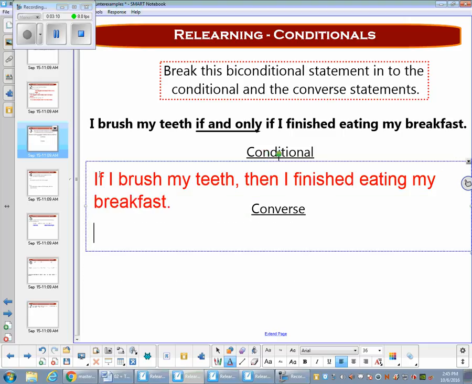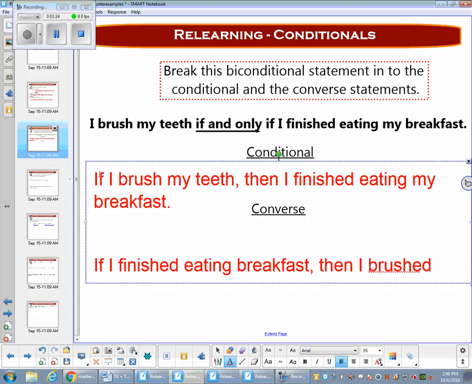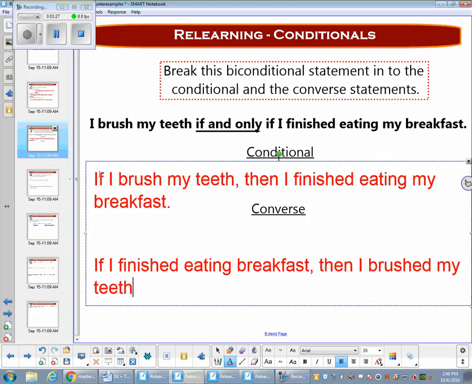Now, the converse of that is when it's flipped around. If I finished eating breakfast, then I brushed my teeth. So this one statement using the if and only if means two statements, the conditional and its converse.